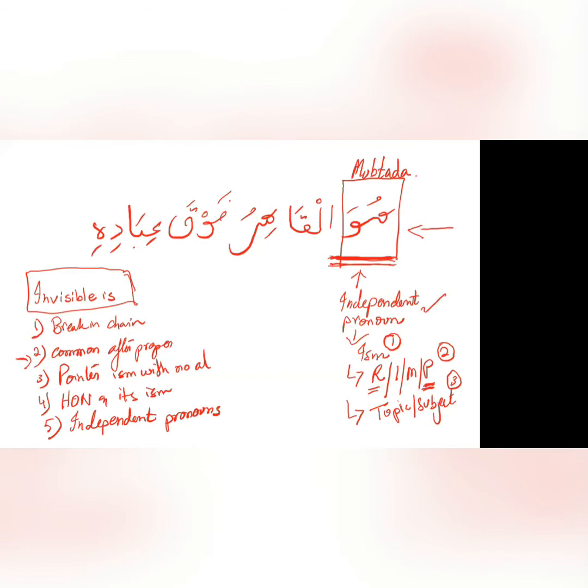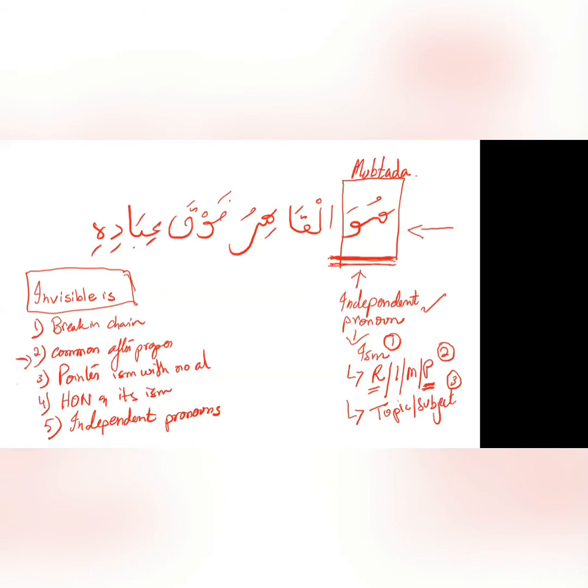It's another way of saying break in chain, but it is easier to see that if you have a common word after a proper ism, then there will be a break in chain or you will put an invisible is between them. Inshallah, as we do more examples, we'll see how it works.